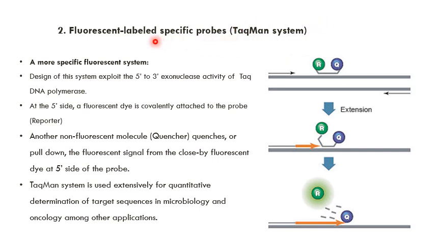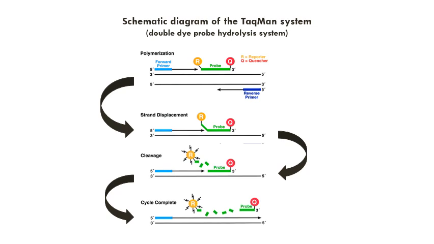The most used system will be TaqMan compared to the SYBR Green that we previously talked about. So again, this is how it works. The polymerization will happen and the extension will happen. Here you have the reporter and the quencher of the probe.